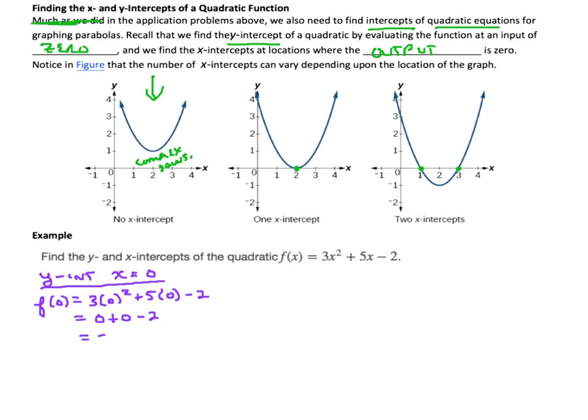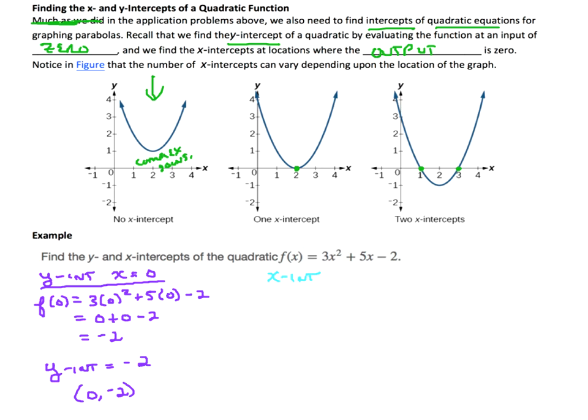Pretty nice and neat, huh? 0 plus 0 minus 2, negative 2. I have a y-intercept of negative 2. That is the point (0, negative 2). You can give it in either form, but make sure you look and see what form they're asking for.